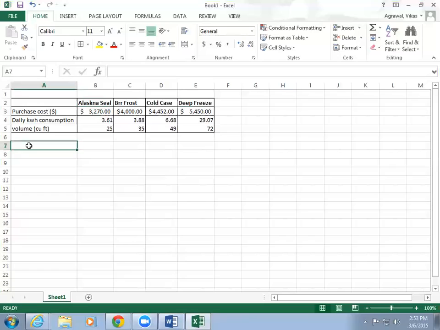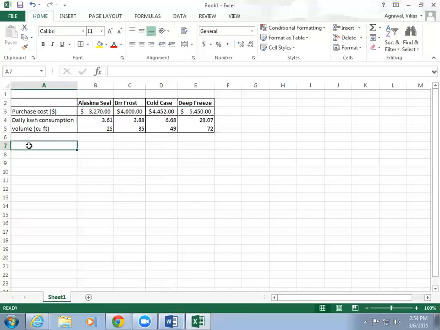That's the purchasing cost, so I need to calculate daily cost, because my kilowatt consumption is in a daily unit. You need to bring the units to the same domain, so I'm going to divide this by 3 times 365 days.